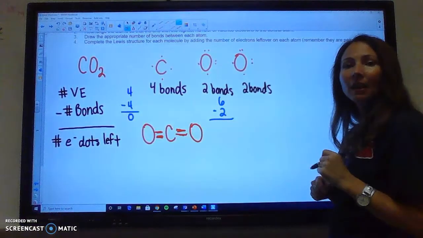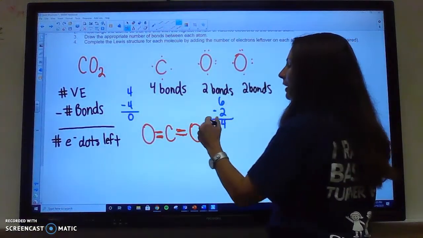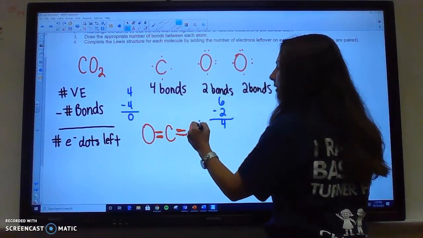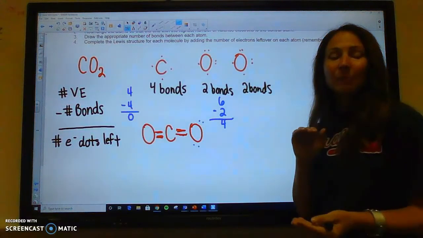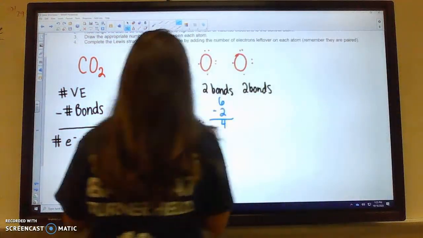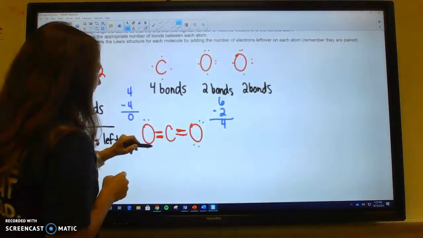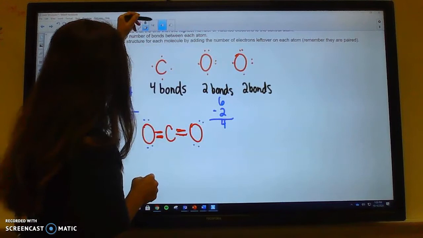So that's going to be how many dots left over? 4. So each oxygen is going to have 4 dots left over. And for these, you can space them out so that they're evenly spaced. Okay, so 1, 2, 3, 4, and then that's not really pretty, so I'm going to redo that one.